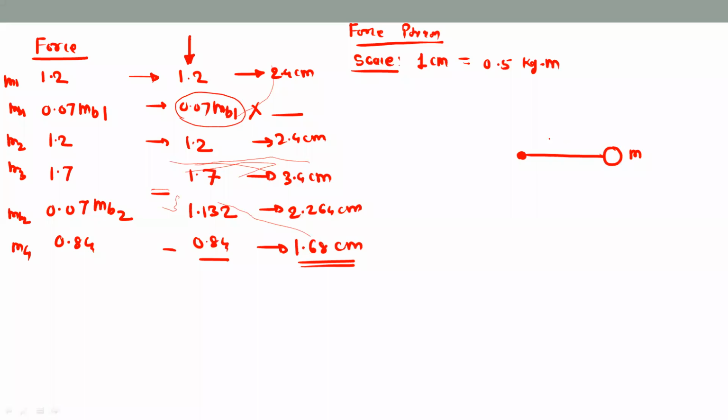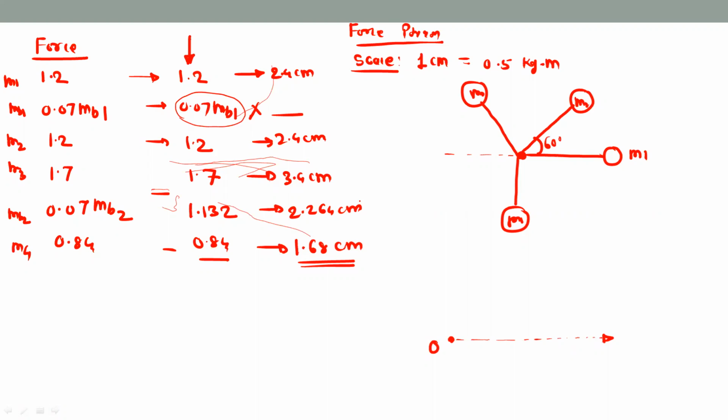So this is M1, this is M2, this is M3, and this is M4. This angle is, I think, 60 degree. This is the starting point, that is origin, and this is your reference axis.